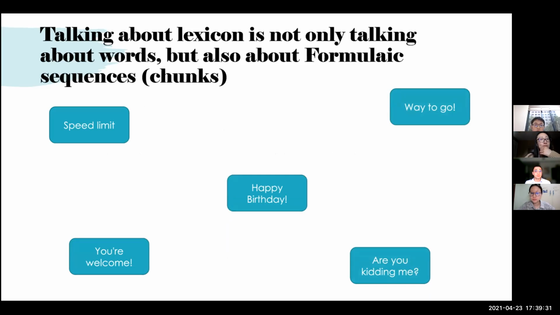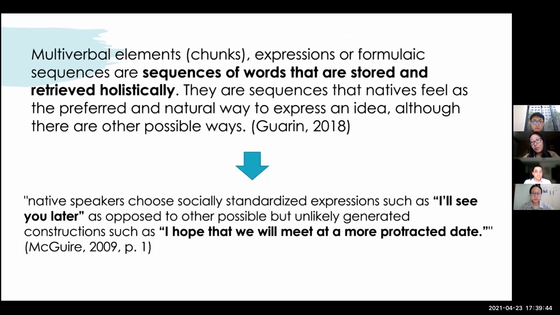So these expressions are the ones that our students need, because those are the expressions that we use in real life conversation. So these chunks or expressions are sequences of words that are stored and retrieved holistically in something that scholars have called a mental lexicon.